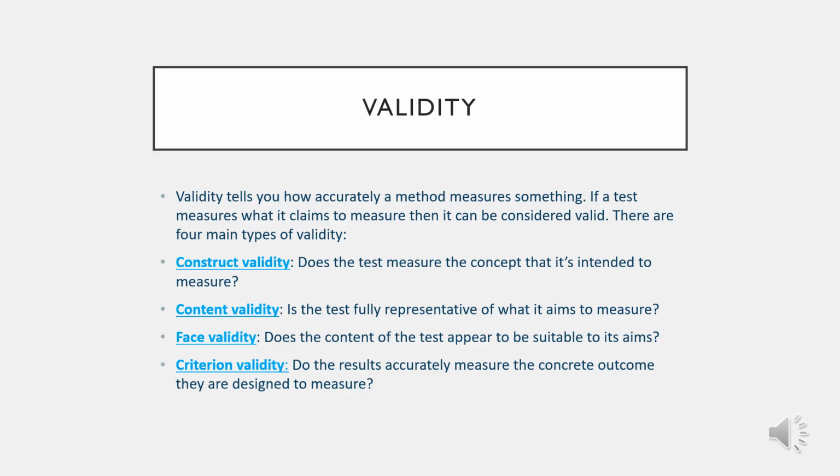So if we're interested in day-to-day memory function, we need to make sure that the tests that we use in the laboratory are actually related to day-to-day memory function. So do the results accurately measure the real outcome, how this person is functioning on a day-to-day basis, if that's what the test is designed to measure?